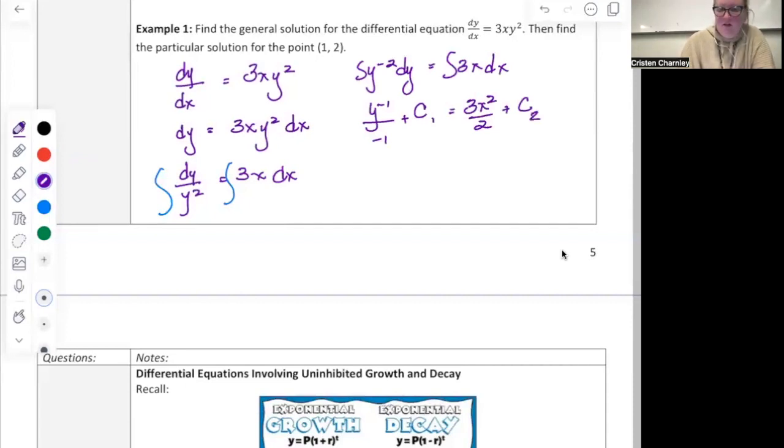Our job is to solve for y. So I'm going to subtract the c1. I'm also going to rewrite this as negative 1 over y to the first, equals 3 over 2 x squared plus c2 minus c1. Now, a couple things here for us. The first, a constant minus another constant is just a constant.